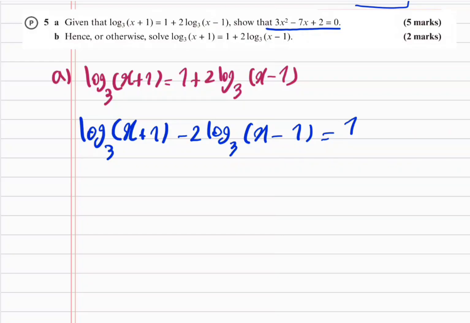So in this case, one thing just before that is this 2 here. We should be careful because in terms of the power law of logs, we can write a coefficient as a power of the number inside.